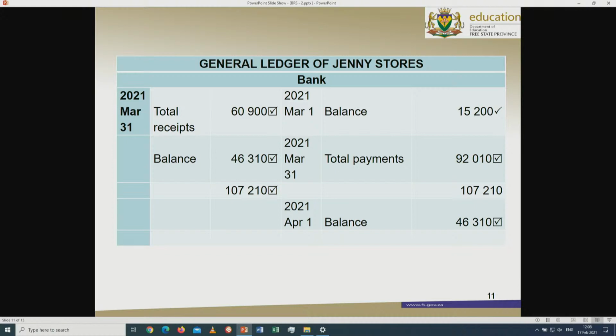So 15,200 on the credit side because it's an unfavorable balance. Total payments or sundry accounts from the CPJ, 92,010. On the debit side, we have the total receipt, that is from the cash receipt journal. The total amount of the bank column in the CRJ is 60,900.